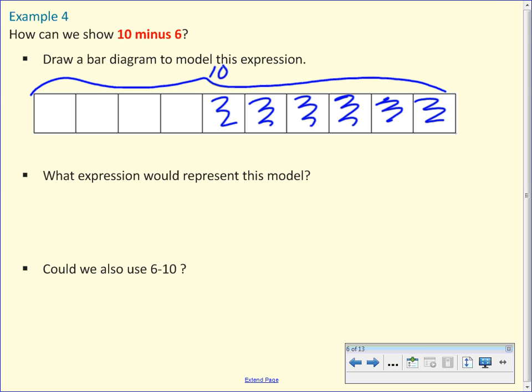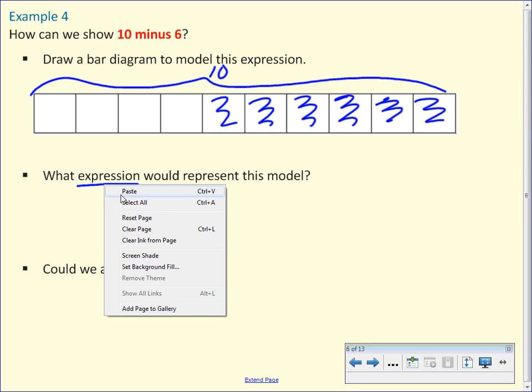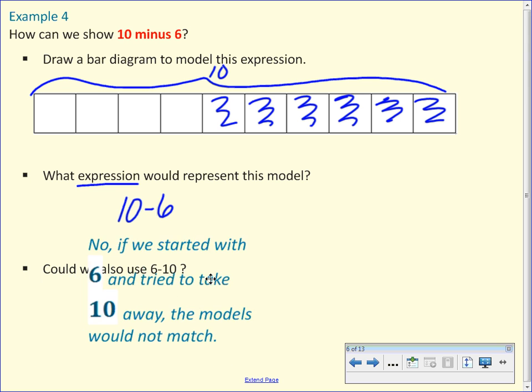Okay? So what expression would we use? Right, 10 minus 6. Could we use 6 minus 10? No, how come? Well, it would be a negative number, but would our bar diagrams match? No, our bar diagrams wouldn't match.